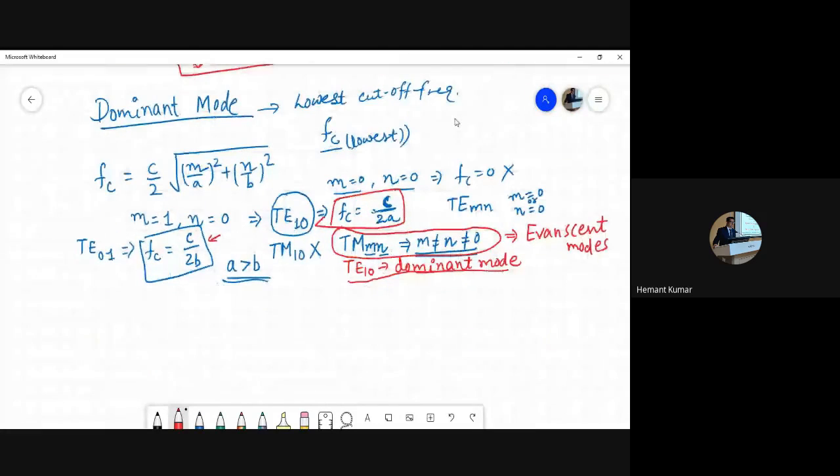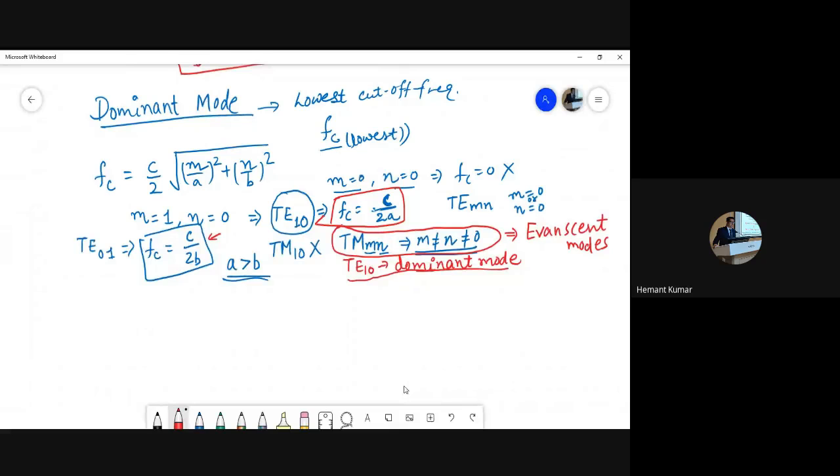There is one other kind of mode, that is the degenerate mode. Degenerate modes are those modes which have the same cutoff frequency.